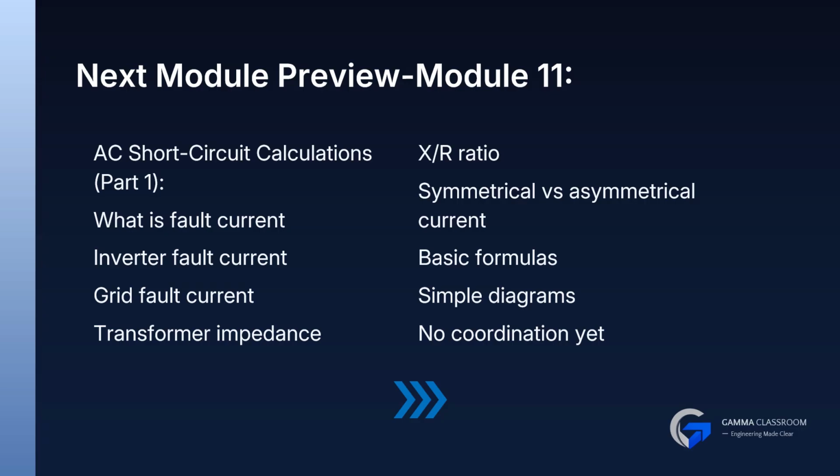We will focus on the basic concepts first, with clear diagrams to help you understand quickly. Module 11 builds the theory, and Module 12 will apply it to real project examples.